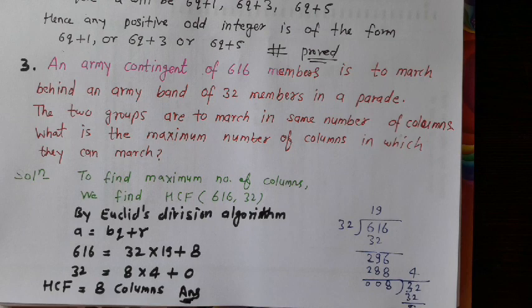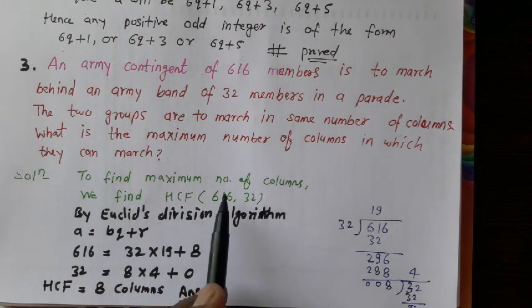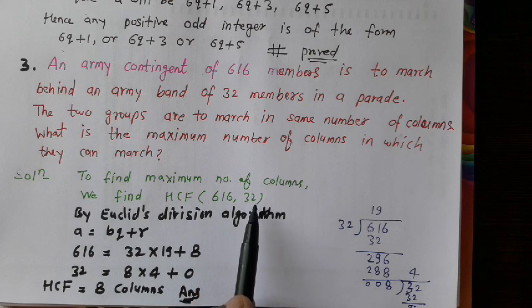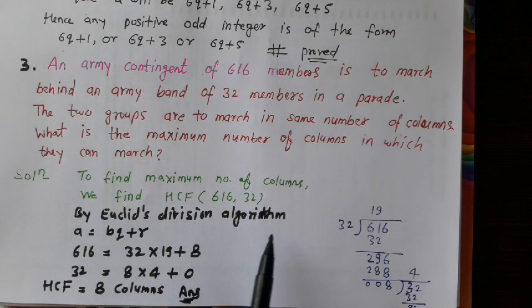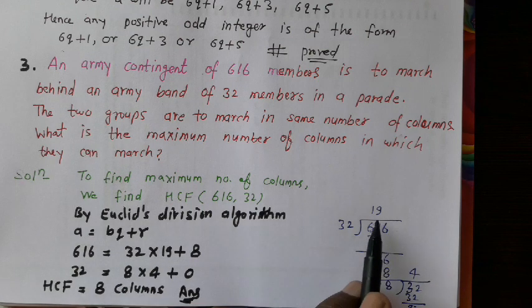Once again I want to clear it. You understand the question. Here for the maximum number we have to find the HCF of 616 and 32 by Euclid's division algorithm. a equal to bq plus r, where a is 616 and b equal to 32. So 616 divided by 32, you get 19 as the quotient plus remainder 8.